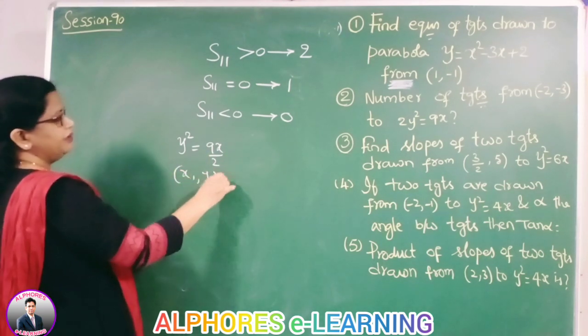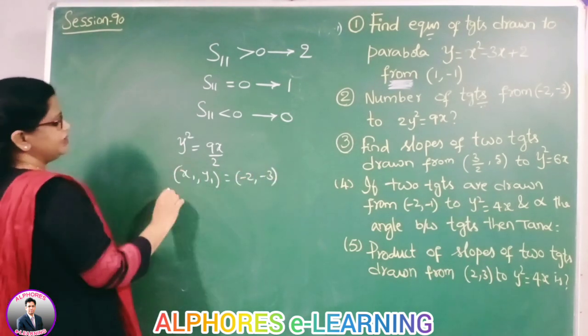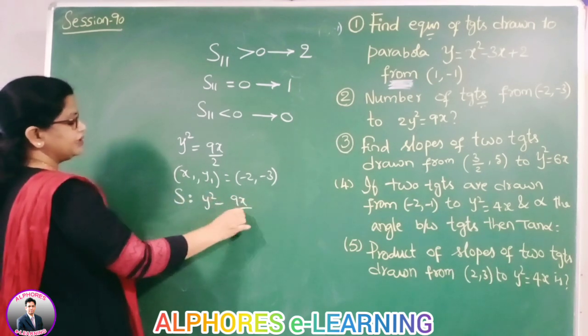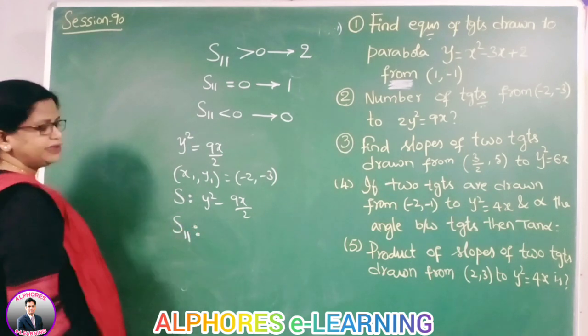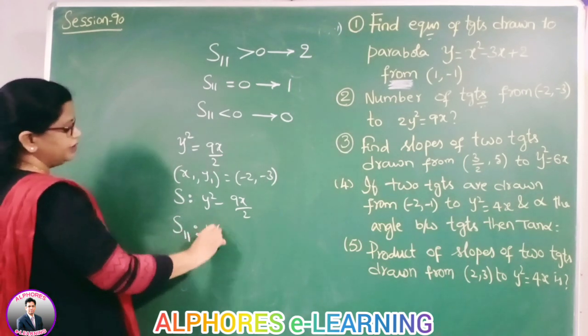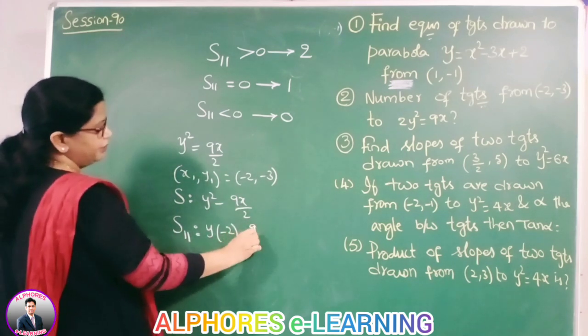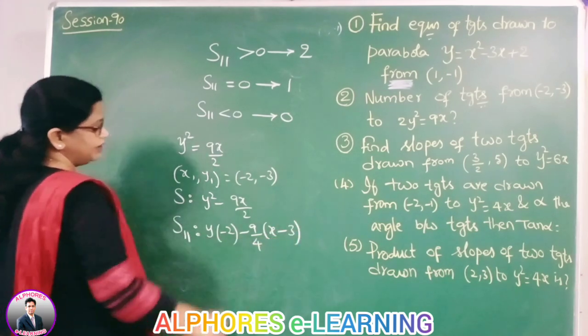So x1, y1 is here how much? Minus 2, minus 3. Right? Now what is our S, students, here? S is y square minus 9x divided by 2. And now we want to write S11. S11 is y into y1, that is y into minus 2, and minus half of this value, that is 9 by 4 into x plus x1, that is x minus 3.